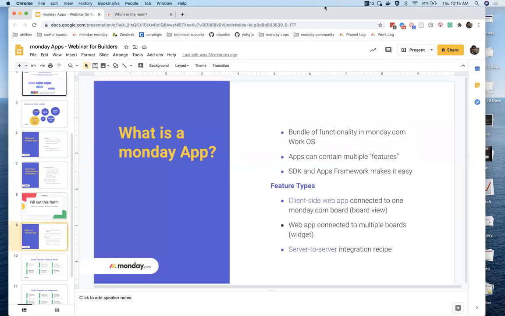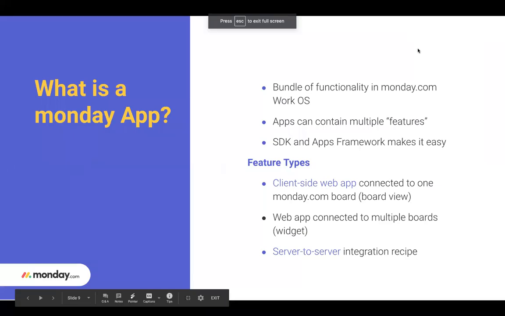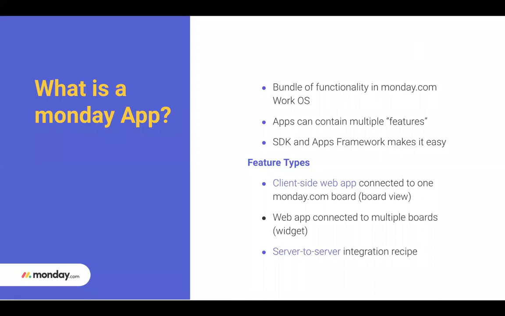Before I go into the actual apps, I want to first make sure we're on the same page about what a monday app is. A monday app essentially is a bundle of functionality in monday.com. Remember I was talking about those building blocks that you can move into a workflow, whether those are columns or integrations.